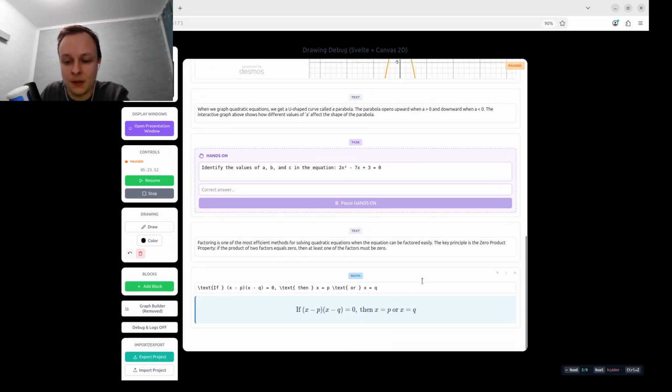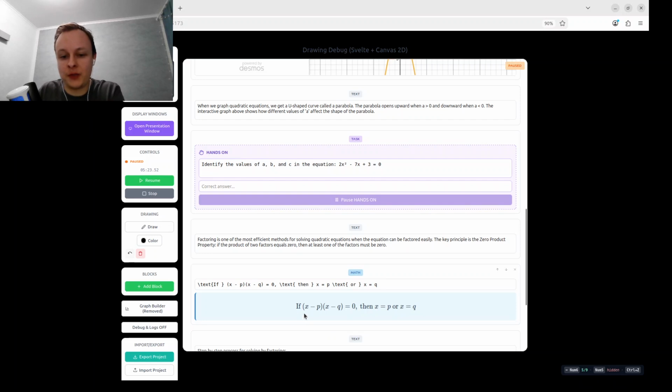Basically, what the zero product principle says is: if one of these parts in the parentheses equals 0, then the whole equation equals 0, and then x equals p or x equals q.